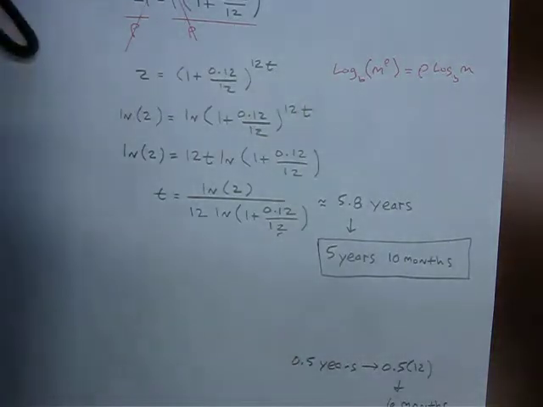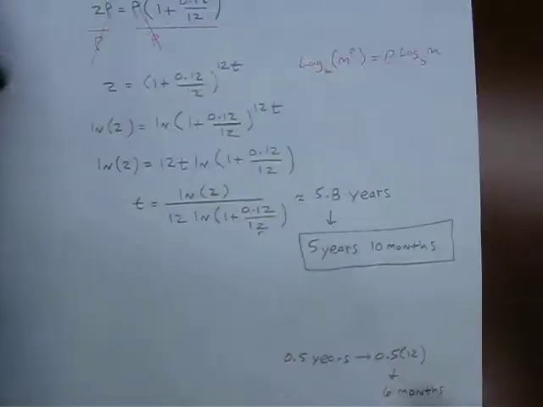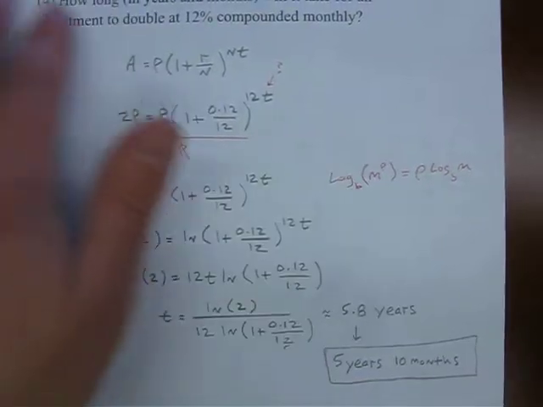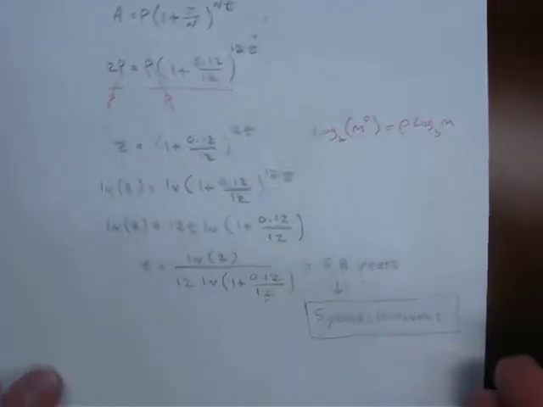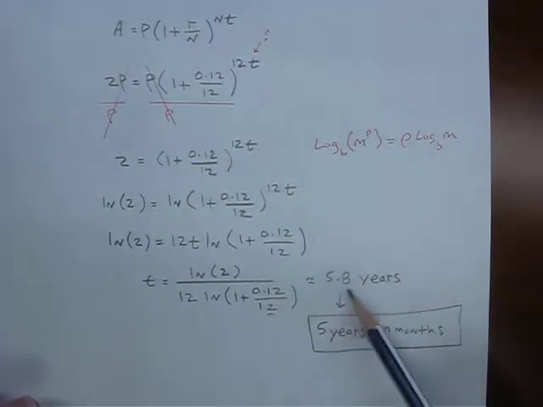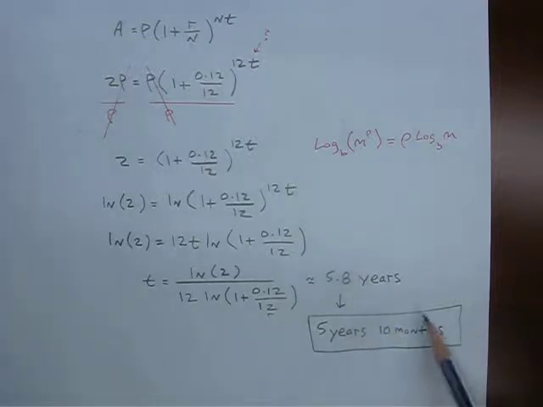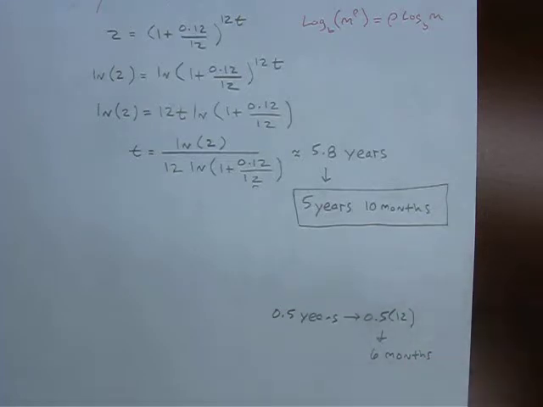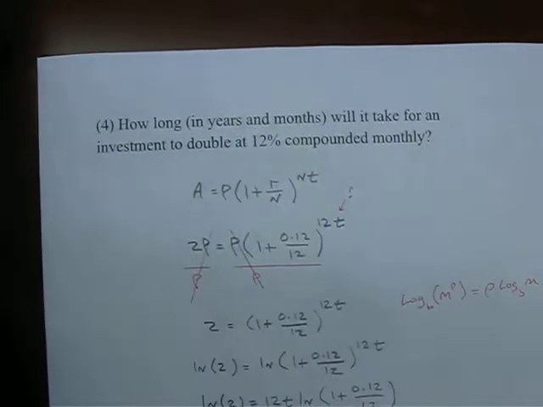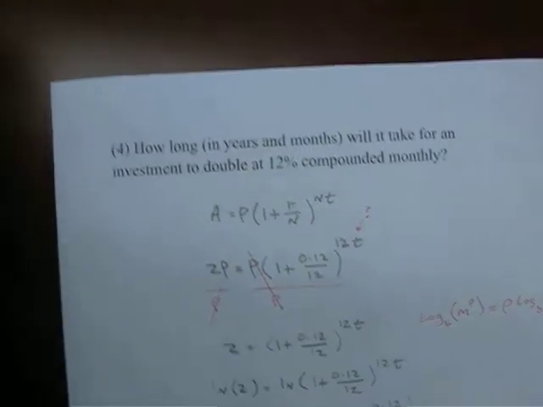All right? Okay, so that's how we handle that one. It should look like the last one, but it might surprise you how we convert this decimal number of years into months. But that's what I spent this last part here trying to tell you. Okay? All right. Let's see. I think I had one or two more.